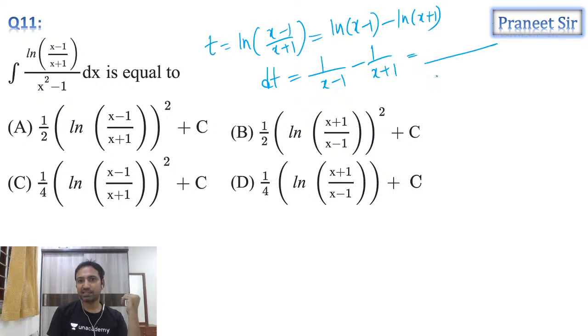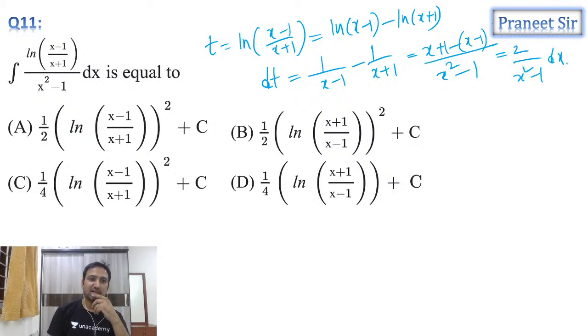dt is like 1 by x minus 1 minus 1 by x plus 1. So if I take LCM, am I getting x minus 1 into x plus 1, which is x square minus 1, and here x plus 1 minus of x minus 1, so 2 by x square minus 1 into dx. So here suppose if 2 is there, then this whole part becomes dt only, guys.